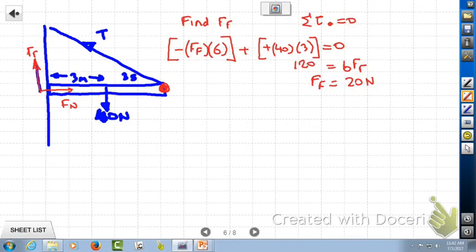And have we got that? Yeah. And let's say we decide we want to find Fn. Where would you put your turning axis to find Fn? You want to put your pen down on the FF.